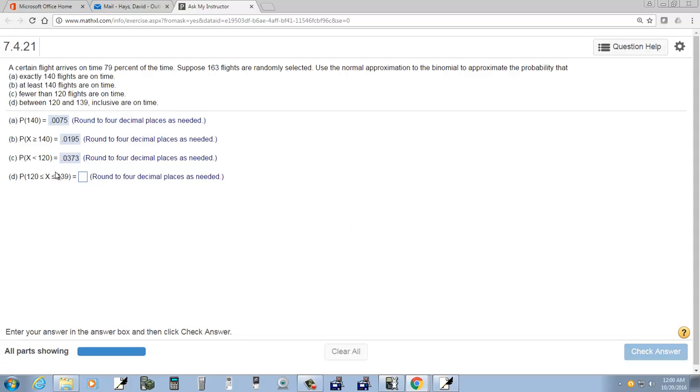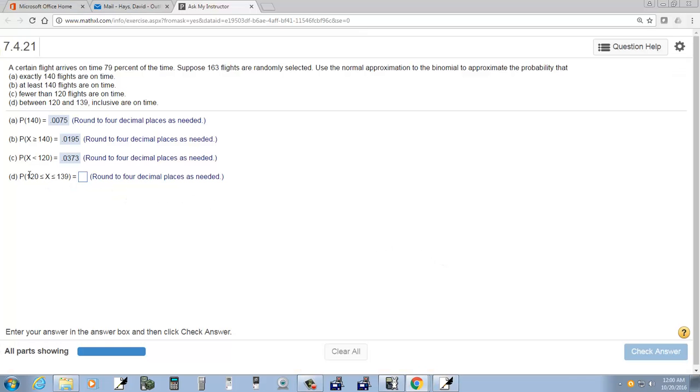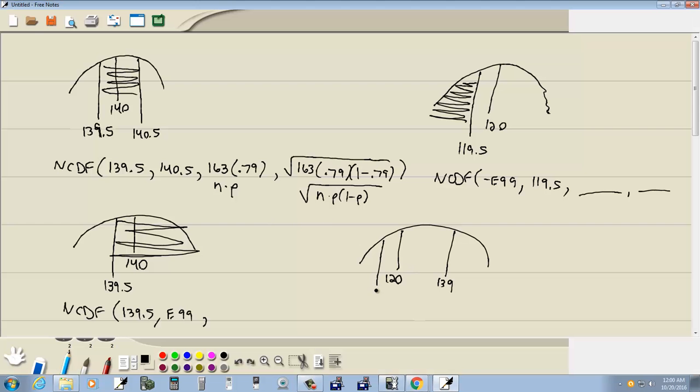Okay, between 120 and 139, inclusive. Now inclusive means it includes them. So if your wording includes those numbers, your shading should include them. So on here I'm going to subtract 0.5, so we got 119.5, and over here I'll add 0.5, so we got 139.5.